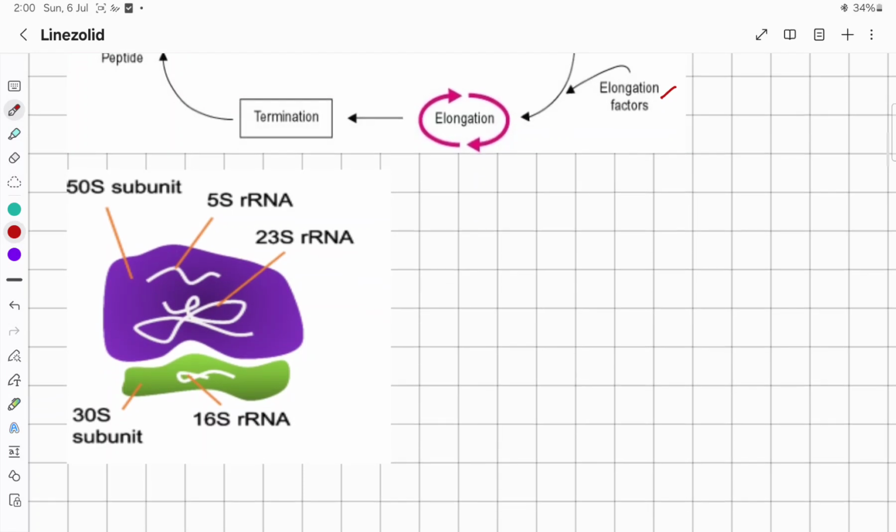Inside the 50S subunit there is the 5S ribosomal RNA portion and the 23S ribosomal RNA portion, and in the 30S subunit there is the 16S ribosomal RNA portion. And linezolid binds to this 23S ribosomal RNA portion of the 50S subunit.